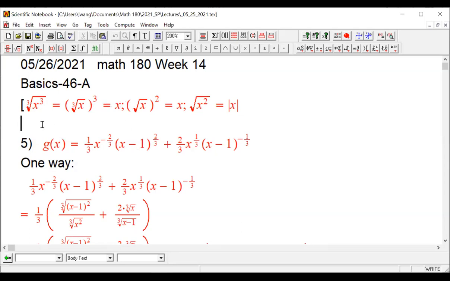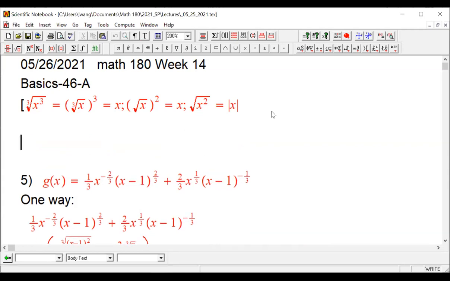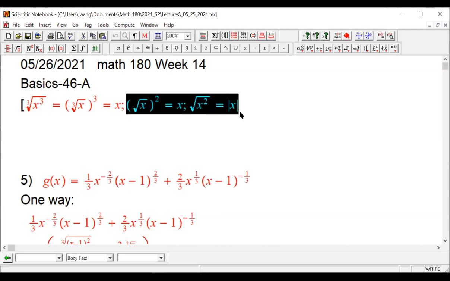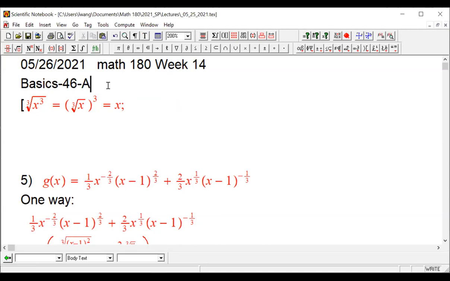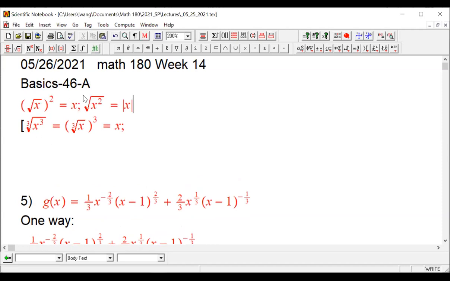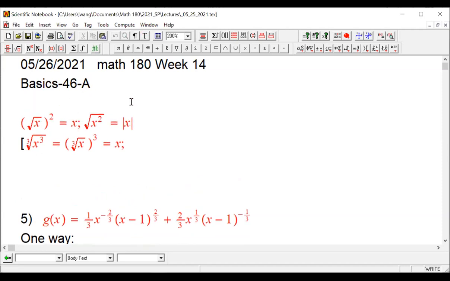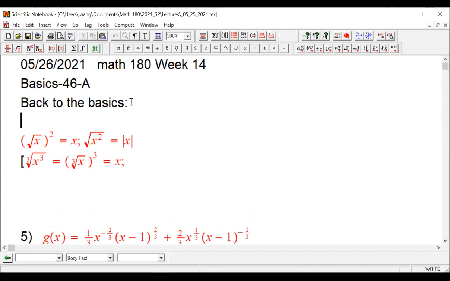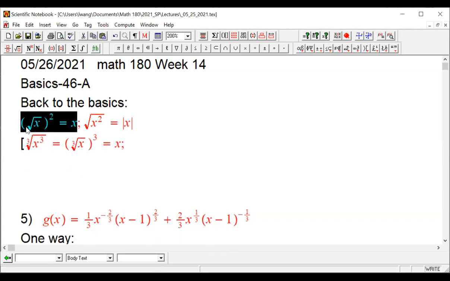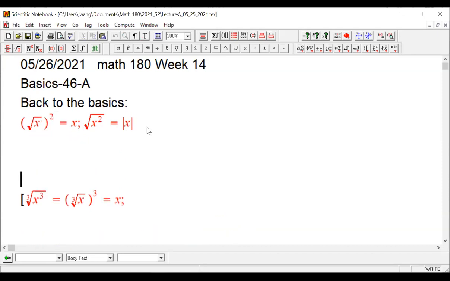For that one, we understand these two, we have explained, right? Back to the basics. The difference between these two, we understand, is the domain.